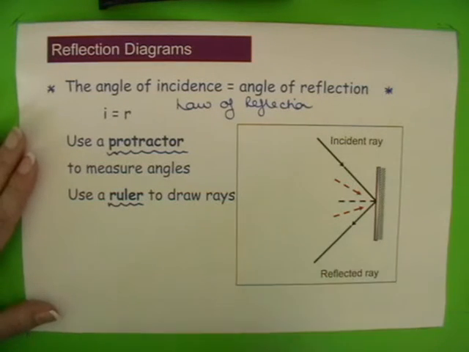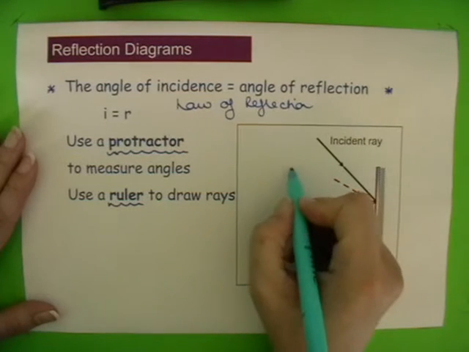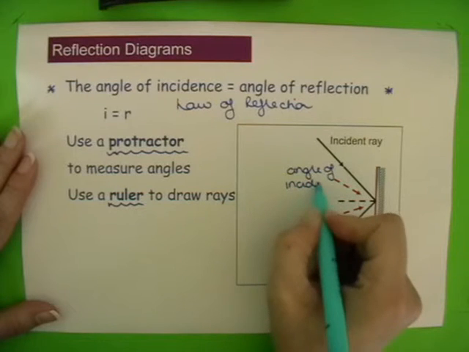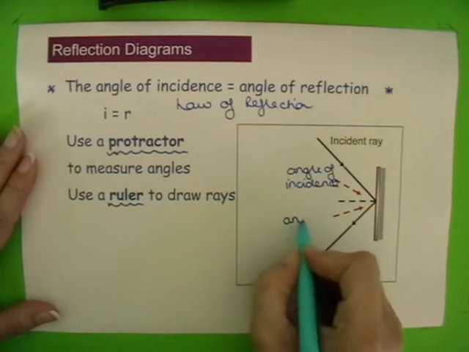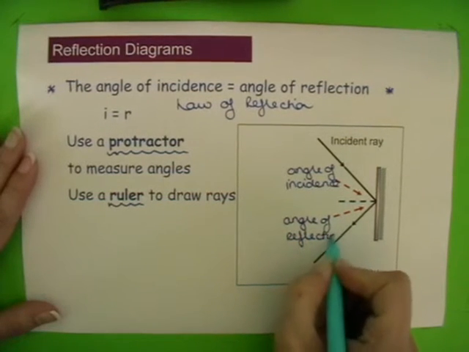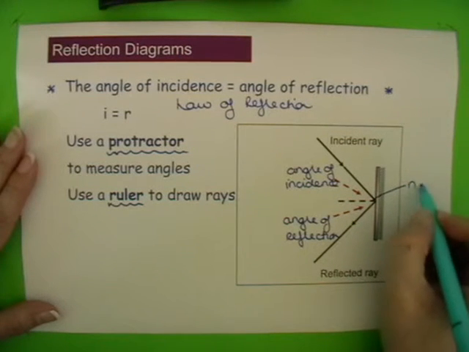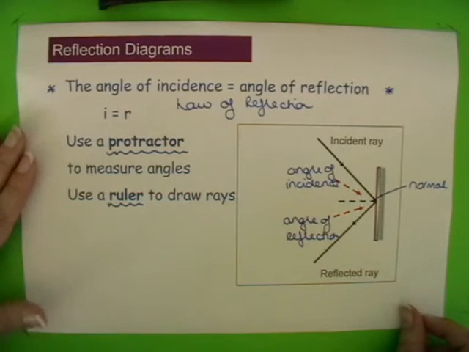So in the case of this diagram, this red arrow refers to the angle of incidence, and the second one refers to the angle of reflection. You should also be able to name the black dotted line. This is the normal. And remember, it's always perpendicular to the mirror or at 90 degrees.